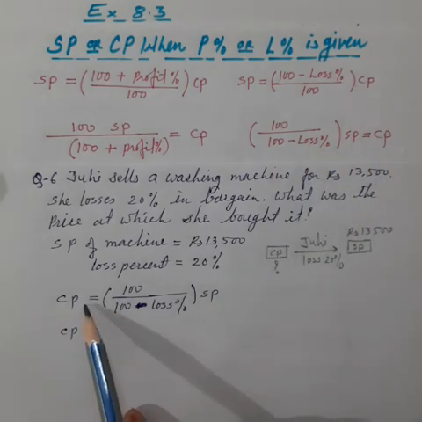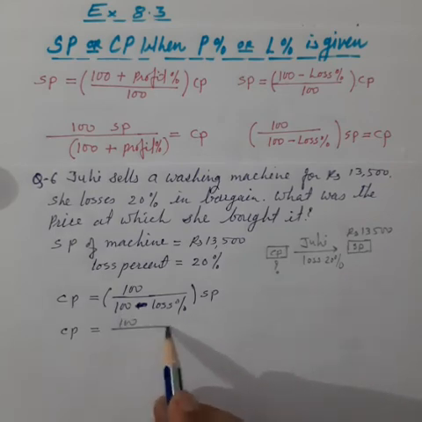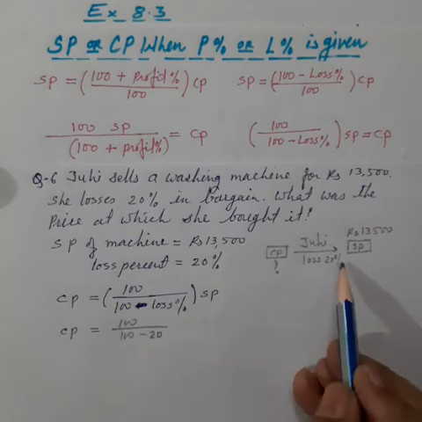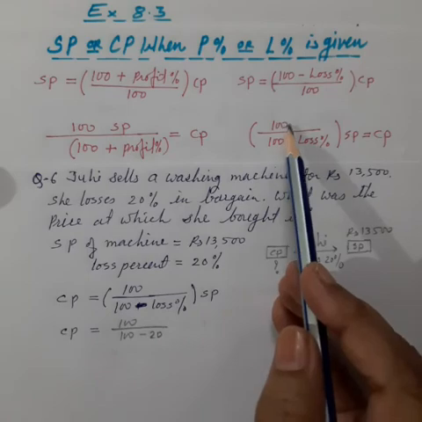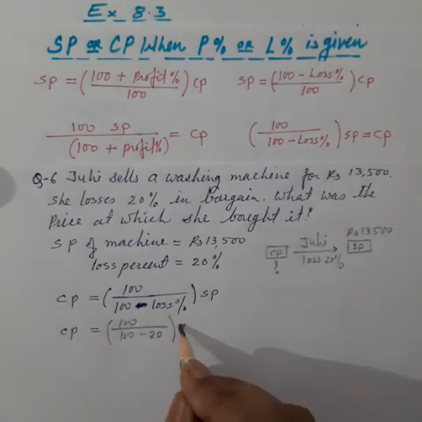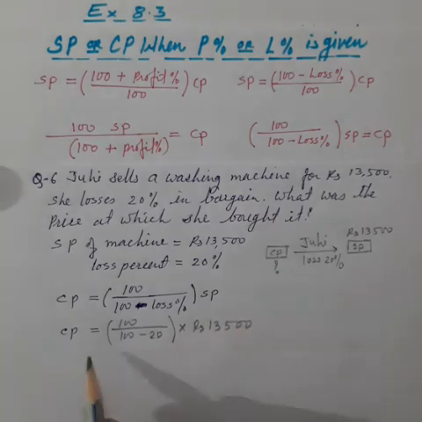Now in this formula put the values. 100 divided by 100 minus loss percent, which is given as 20. For this percent, 100 is already there in the denominator. And the selling price is given, rupees 13,500.